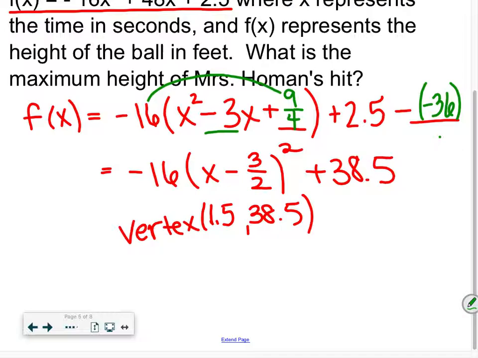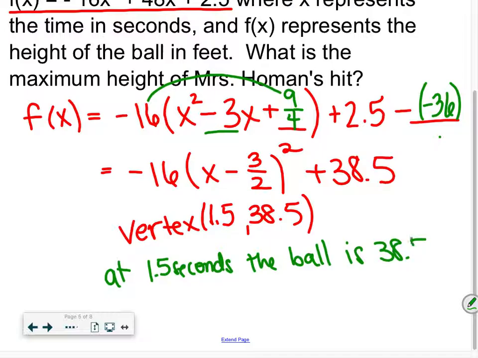Remember, up in my problem, x represented seconds, and f of x represented height in feet. So, at 1.5 seconds, the ball is 38.5 feet in the air.